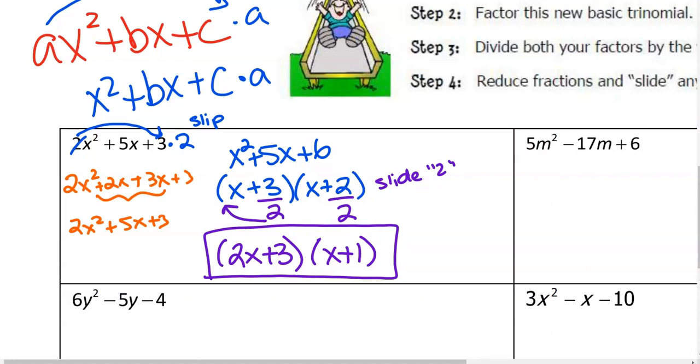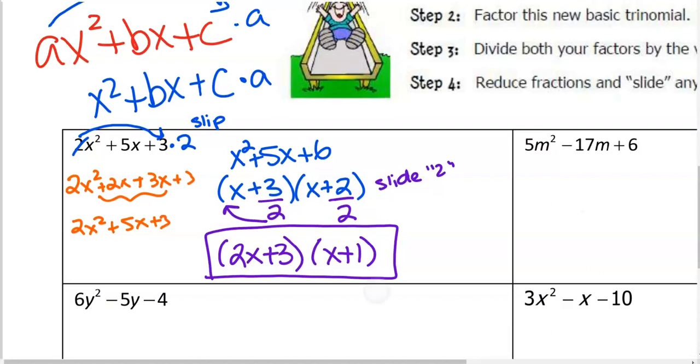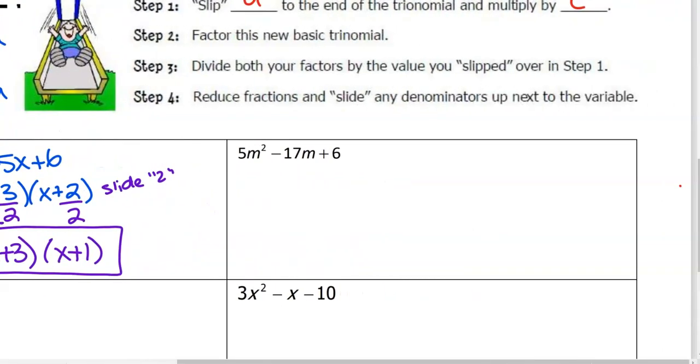Yep. All right, so 5m squared minus 17m plus 6. Can you divide each piece by 5? No. So what do I have to do? Slide. Yeah, because careful. We are slipping my 5 to the end. Yes, slip and then slide.